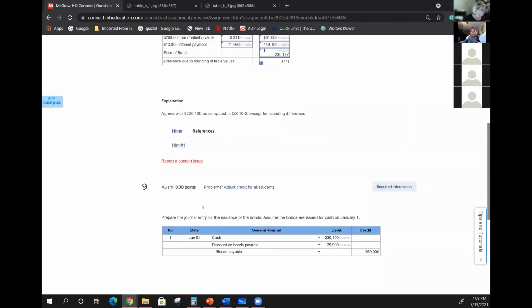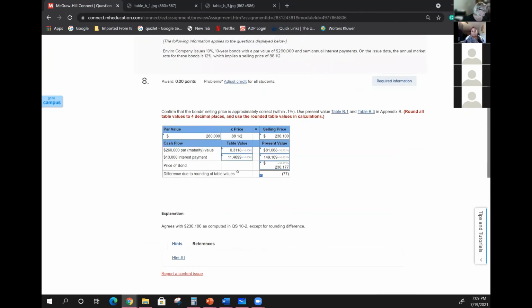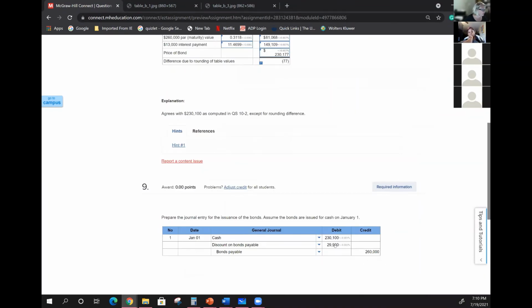Okay, so number 9 is prepare the journal entry for the issuance of the bonds, and assume that the bonds are issued for cash on January 1. When we calculate it out, 260 times the 88.5% is 230,100. That's what we collected, so that's our cash debit.